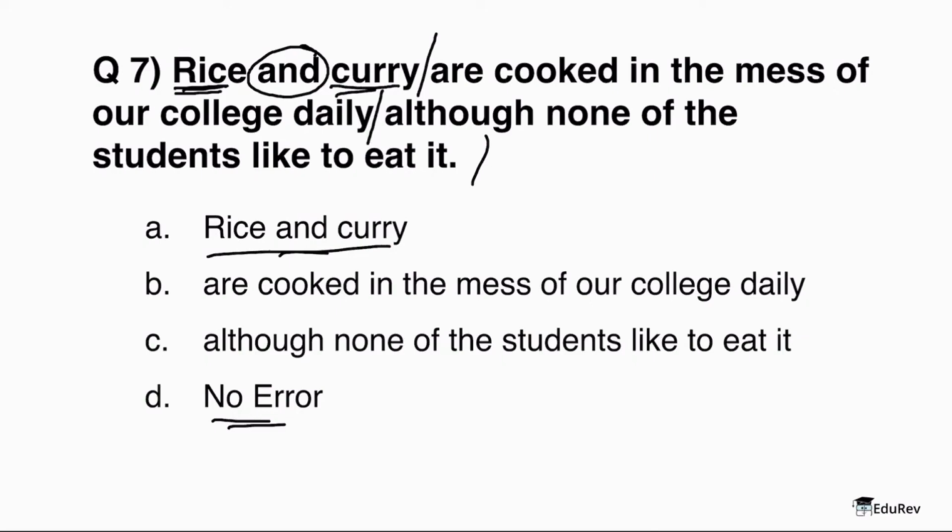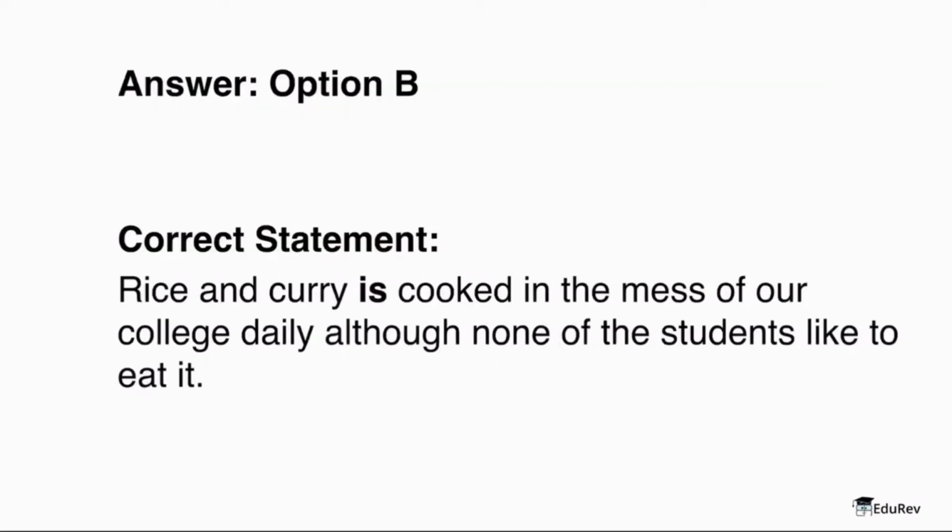When that is the case, the verb will be kept singular and instead of "are", "is" will be used. So the correct statement would be: rice and curry is cooked in the mess of our college daily, although none of the students like to eat it. And the correct option is option B. As we can see, the correct option is option B, and the correct statement is rice and curry is cooked in the mess of our college daily, although none of the students like to eat it.